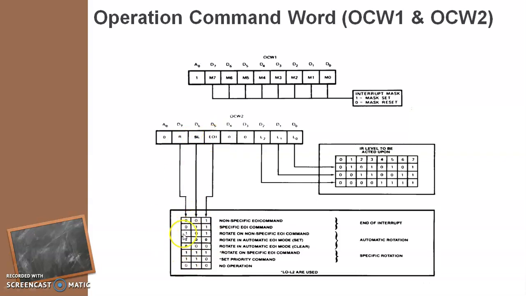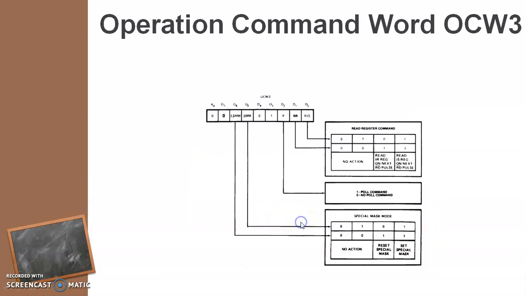You can see the different combinations, whether it is a non-specific end of interrupt command, a specific end of interrupt command, rotation on non-specific end of interrupt command, rotation in automatic EOI clear, set priority command, or no operation. All these are the different ways by which the end of interrupt can be taken. And this is the operational command word 3.